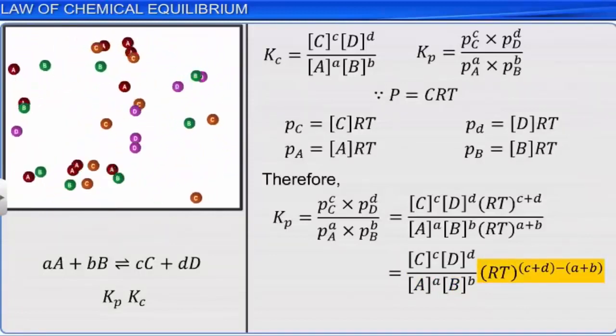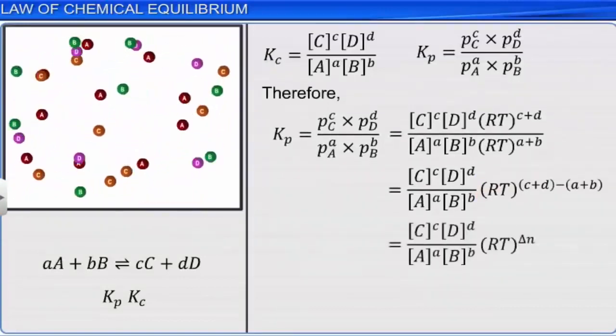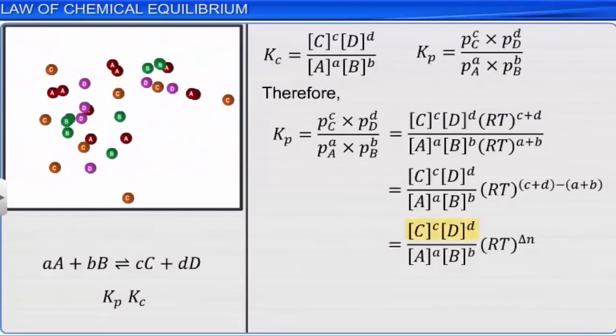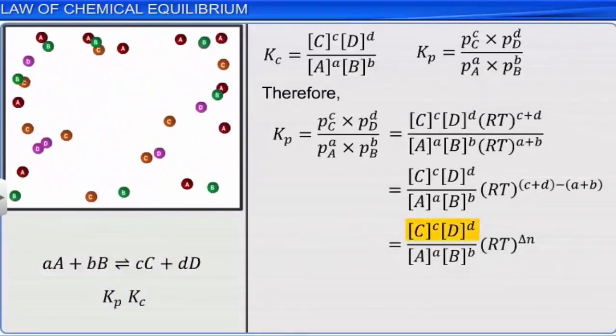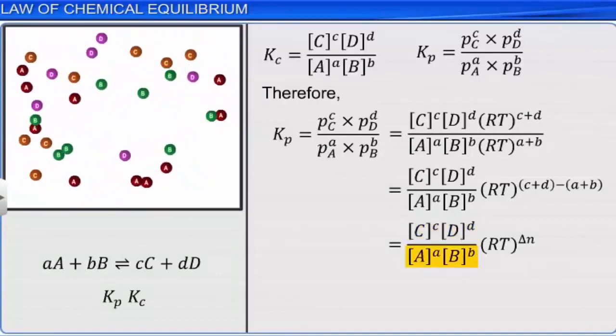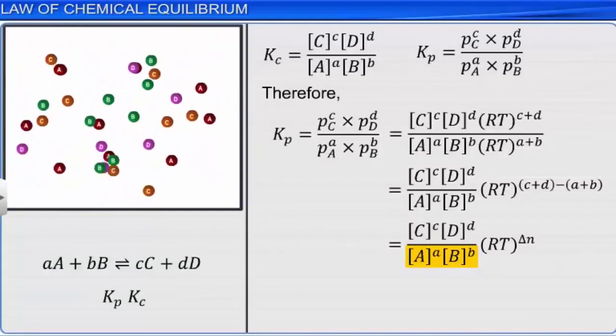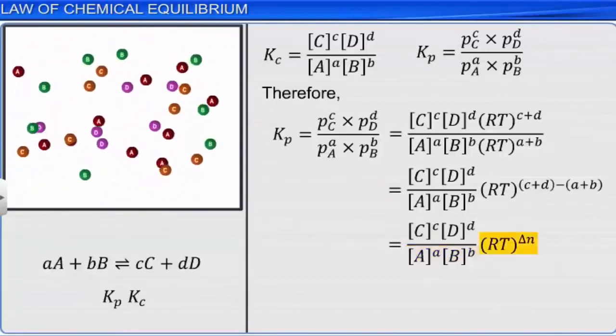This becomes equal to the product of the concentration of C raised to the power of c and the concentration of D raised to the power of d divided by the concentration of A raised to the power of a and the concentration of B raised to the power of b multiplied by the product of R and T raised to the power of delta n.